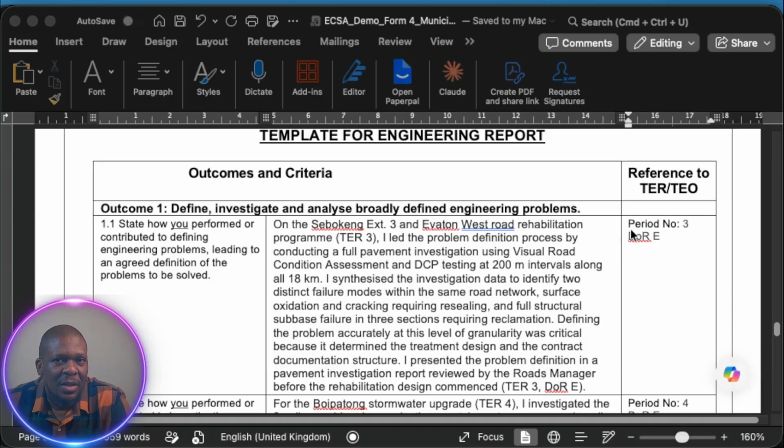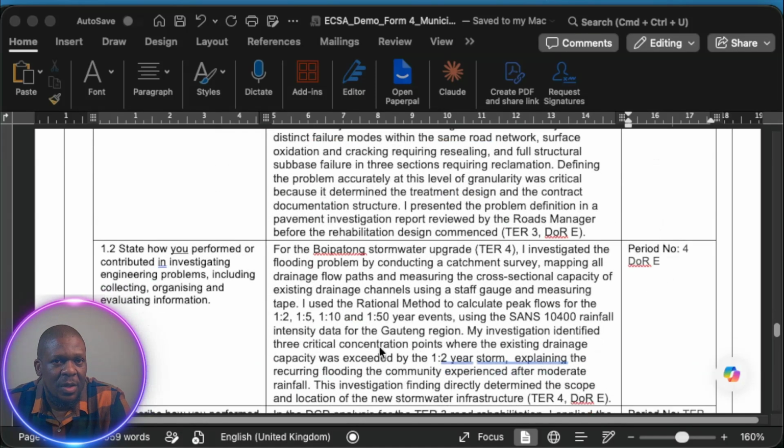You see outcome 1.1, it's period 3. 1.2 is period 4. The reason it's like this is because sometimes you may not be able to achieve all the outcomes in one period. Hence, you need to indicate in this outcome which period you achieved it.